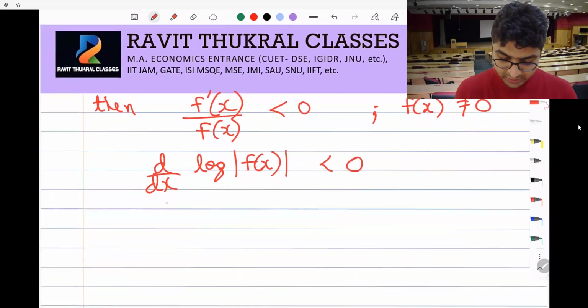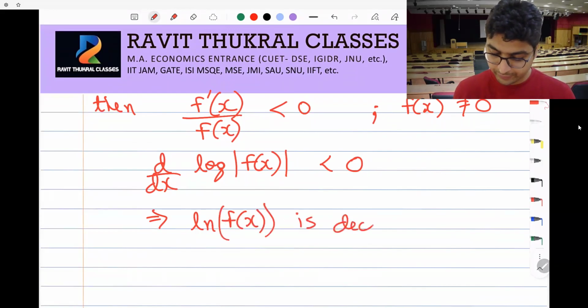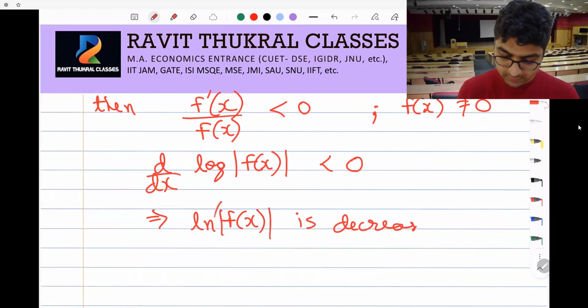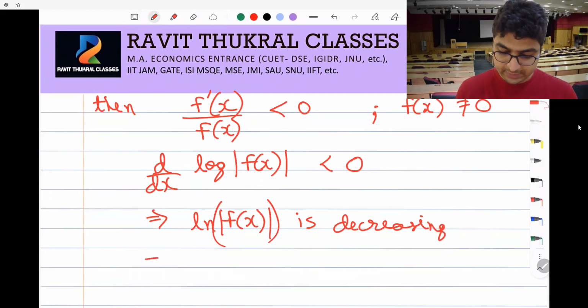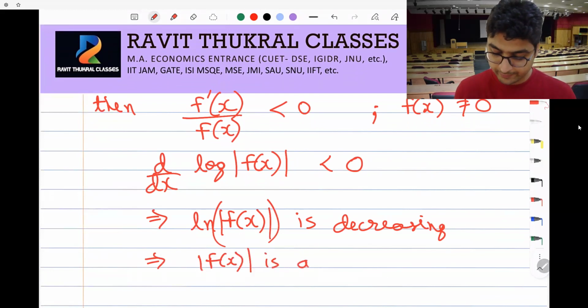Okay, so if that's the case, that means log of mod f(x) is decreasing. This is decreasing. And if it is decreasing, then that means mod of f(x) is also decreasing.